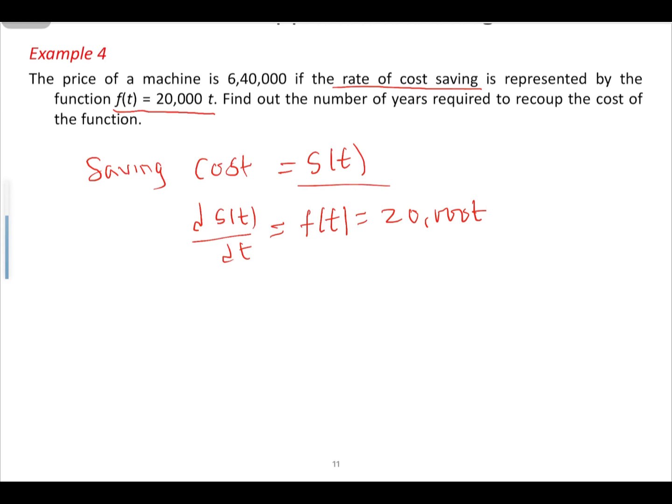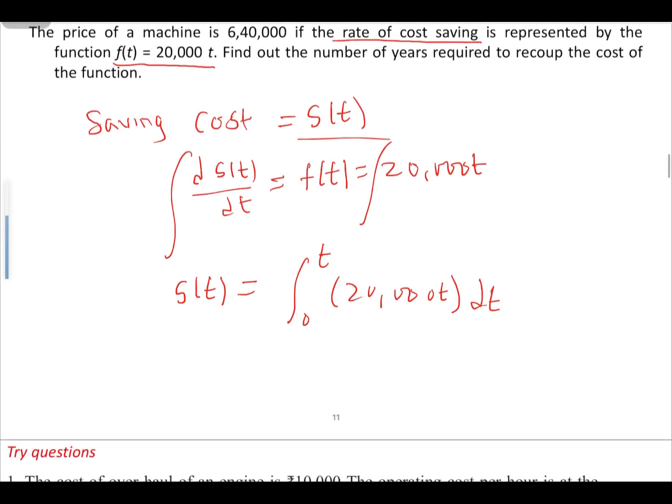So if we want our saving cost function, we are going to integrate both sides, and therefore we are going to get s of t equal to the integral from 0 to t of the function 20,000 t, with respect to t, dt.